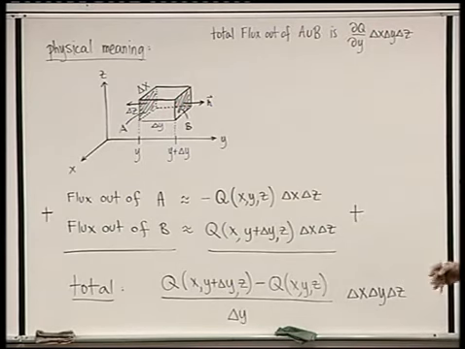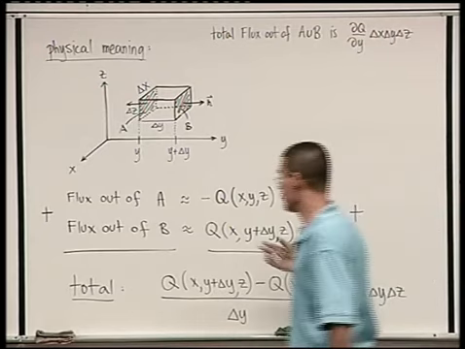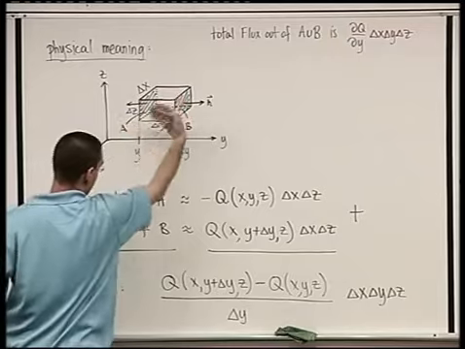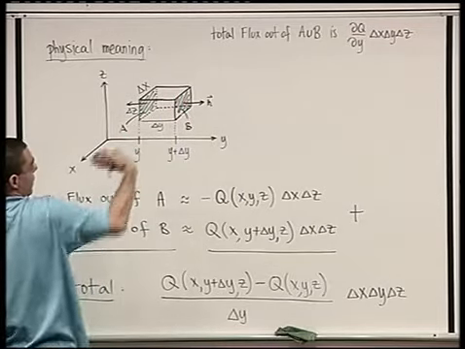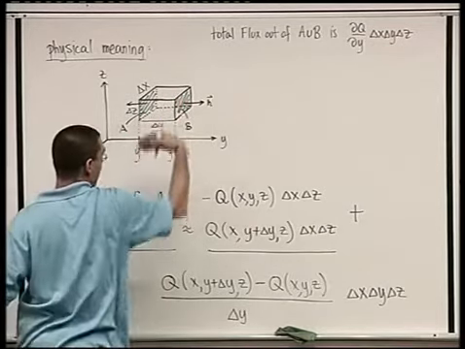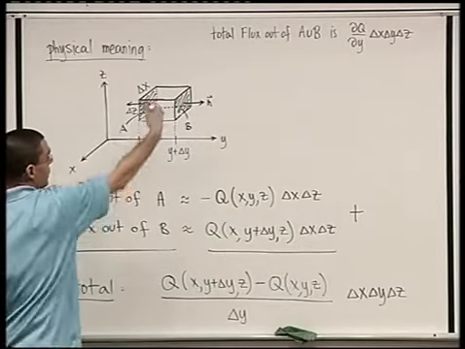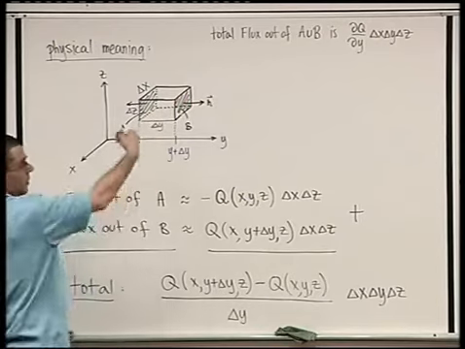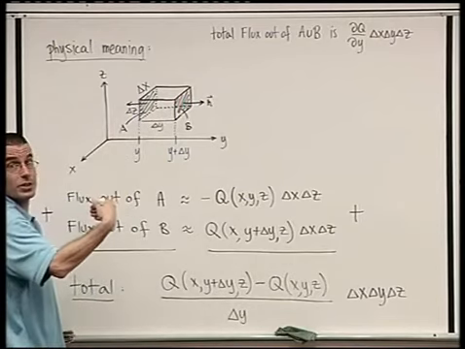Now, you can do the exact same arguments, the exact same analysis, and look at the two faces of the box, one sitting here in the front and the one sitting there in the back. For those, the only component contributing to the flux is going to be the p component of the field, the component in the direction of x.